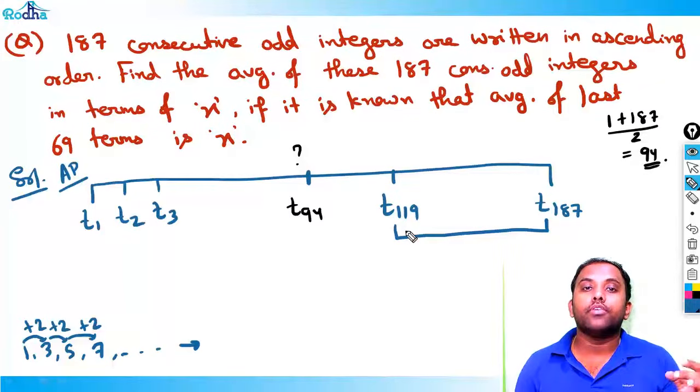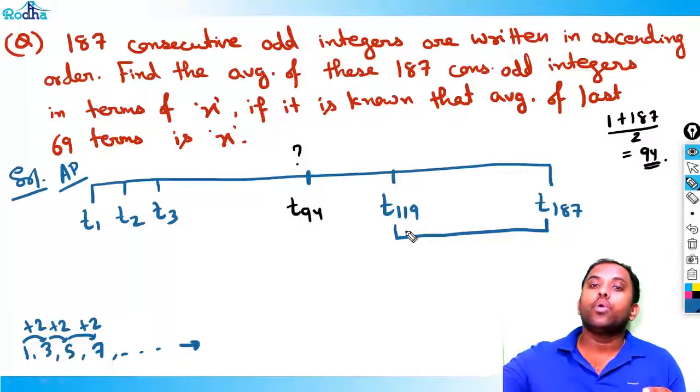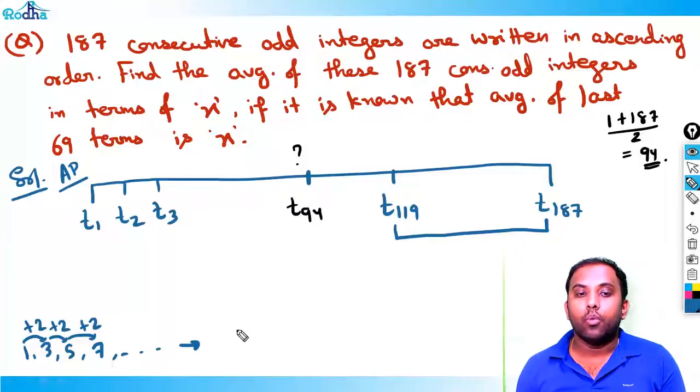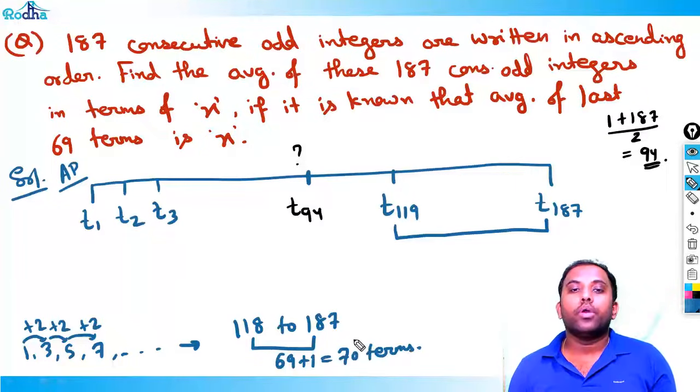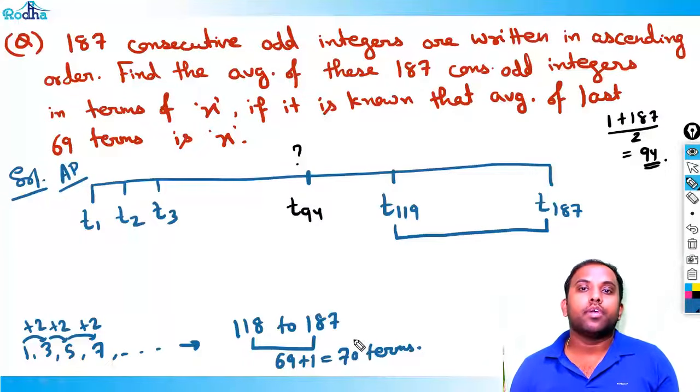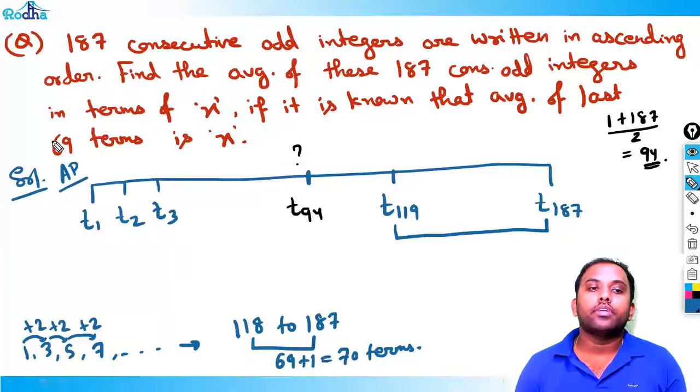If you start from T118, so 118 to 187, how many terms? We've discussed this. Since you have to include both the numbers, it's always difference plus 1. 69 plus 1, there will be 70 terms here. But I need only 69 terms.